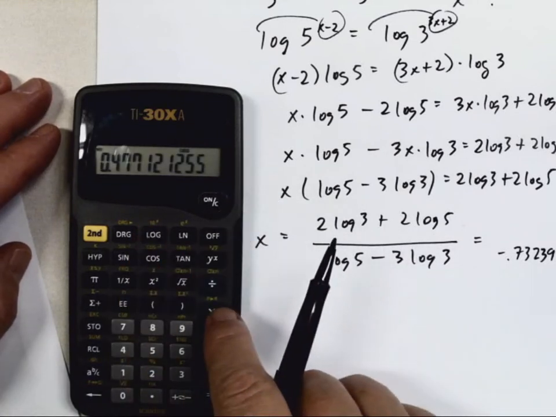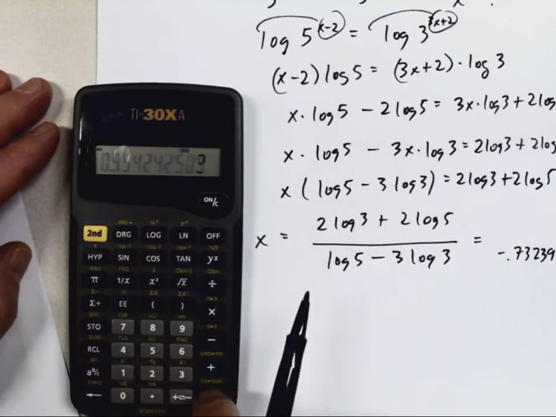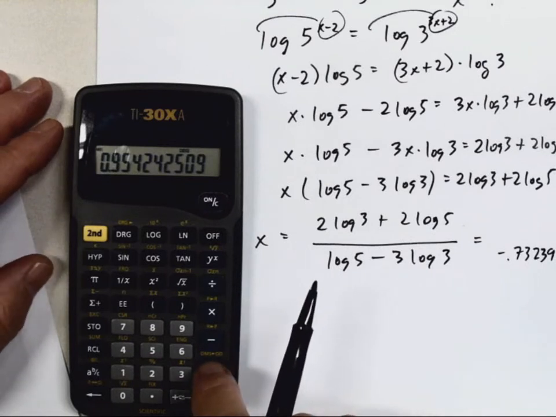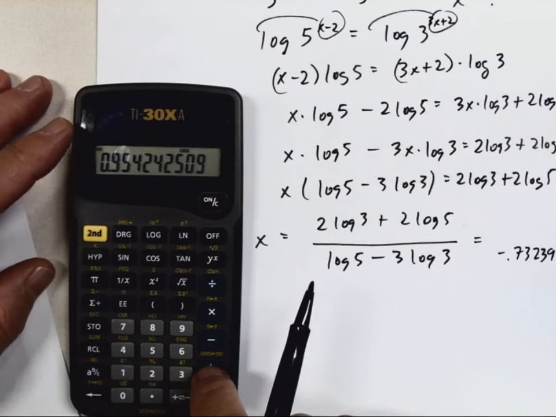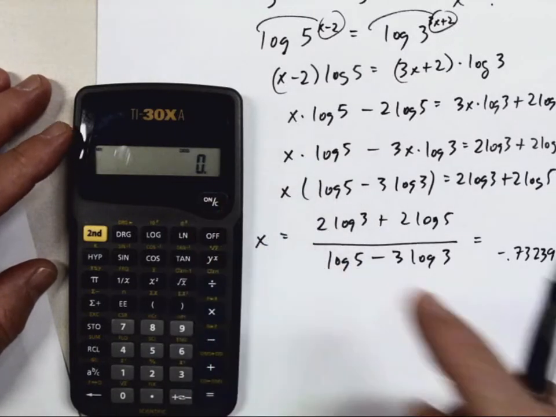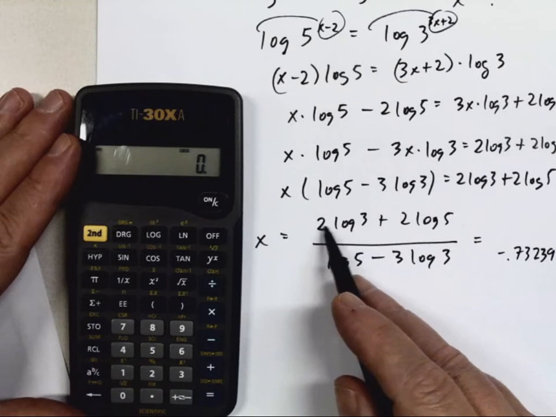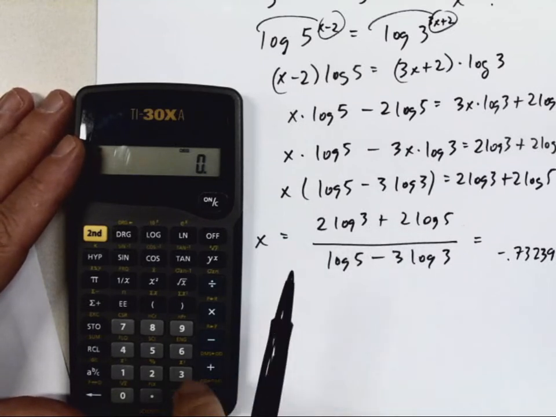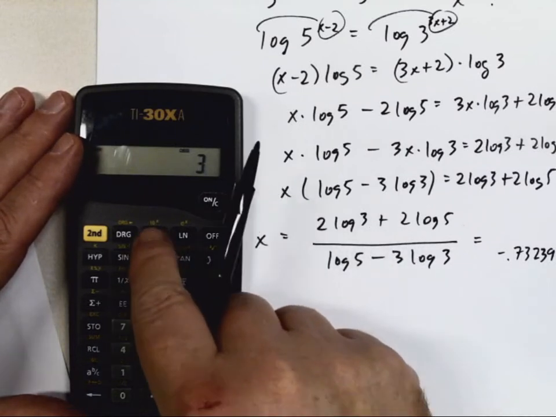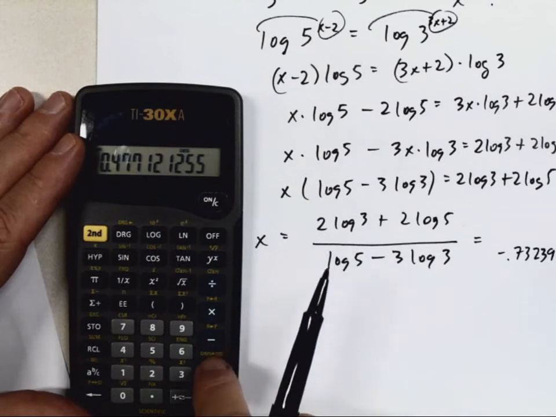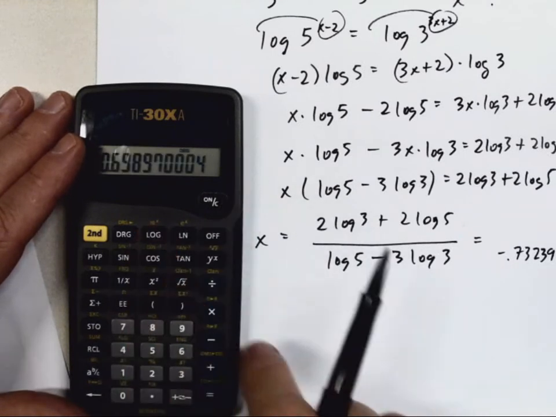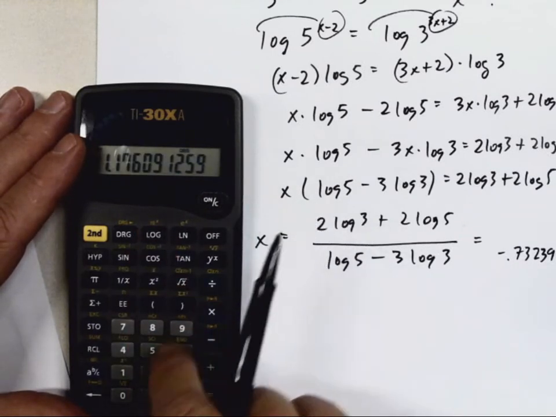Log 3 times 2, actually, let me do this differently. I'm going to factor out this 2. So really, I'm going to do log 3 plus log 5 equals times 2.